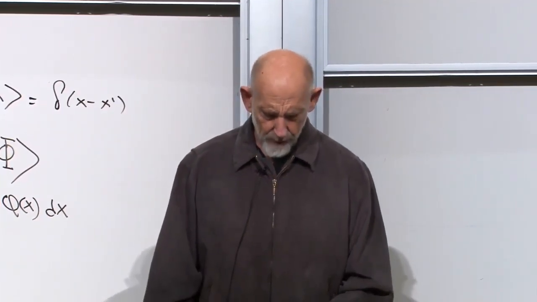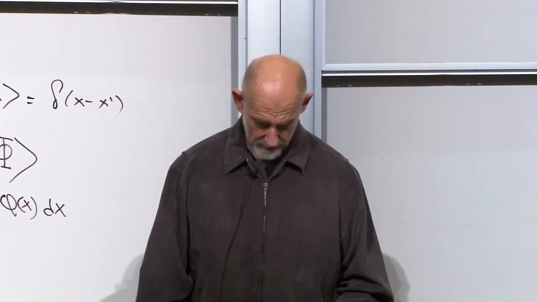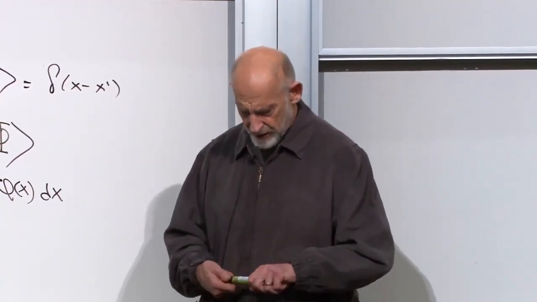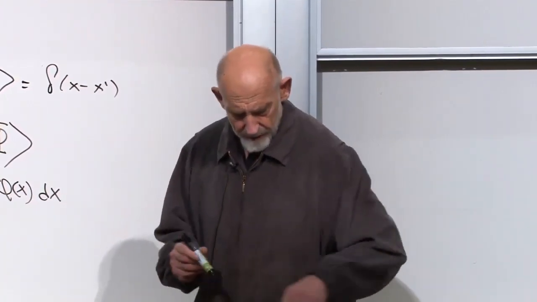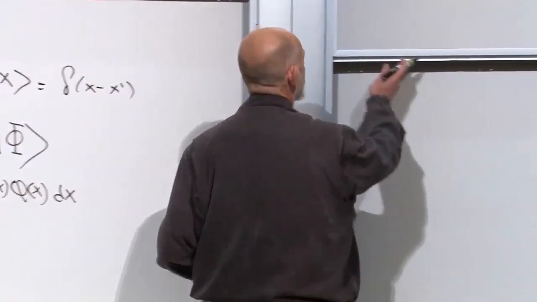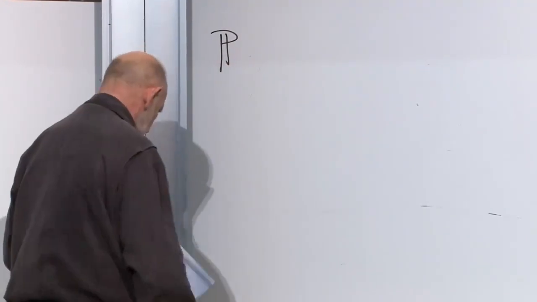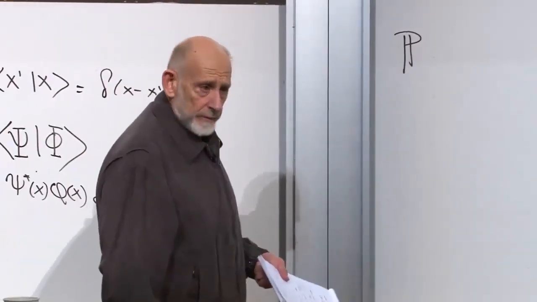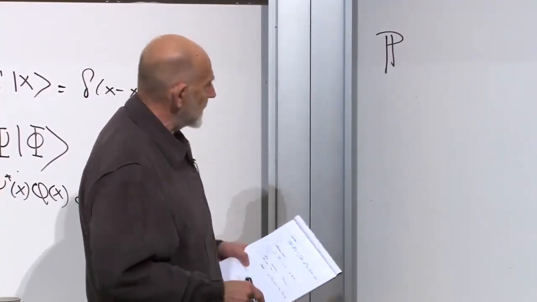All right, what is the momentum operator? The momentum operator, and the justification for this will come a little later. We did talk about it, but I want to go back over it. Momentum is called P. The operator momentum is equal to, there's no point beating around the bush, let's say what it's equal to.